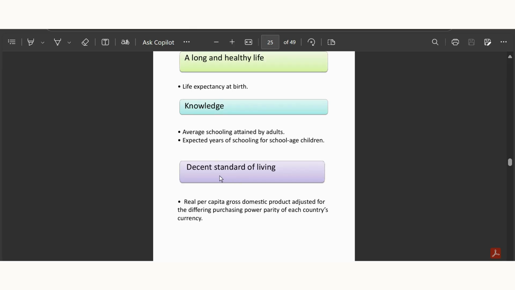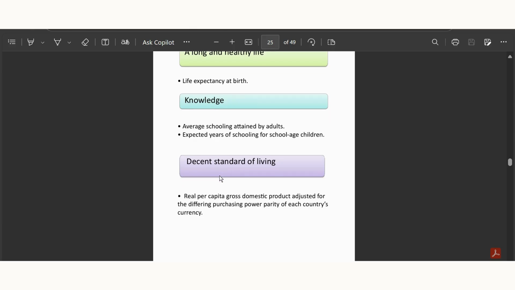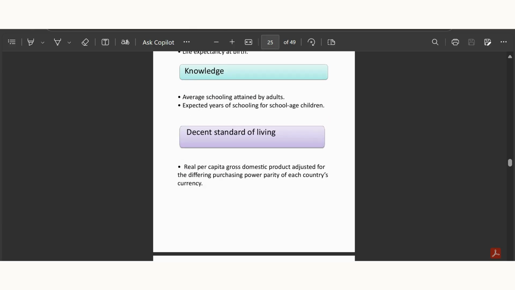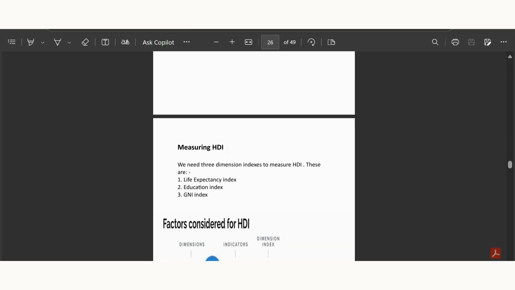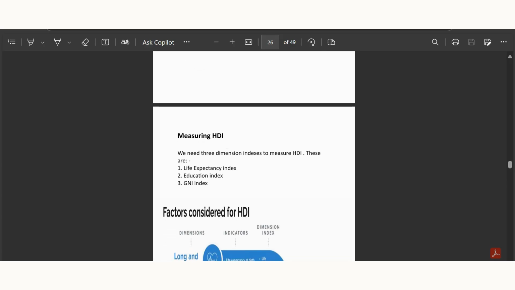And third, decent standard of living. For this dimension, we will use real per capita gross domestic product adjusted for the differing purchasing power parity of each country's currency. Now let's talk about how to calculate or measure HDI.